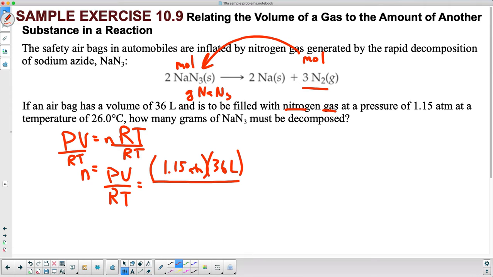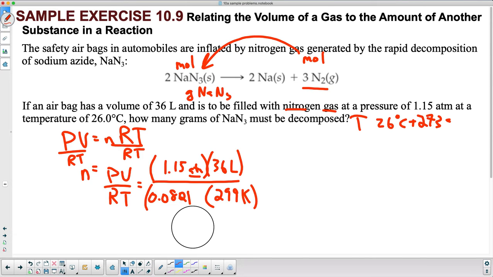For temperature, 26 degrees Celsius plus 273 equals 299 Kelvin. My R value when I have atmospheres is 0.0821. Okay? So this here will give us the number of moles, and I end up with about 1.7 moles of N2.